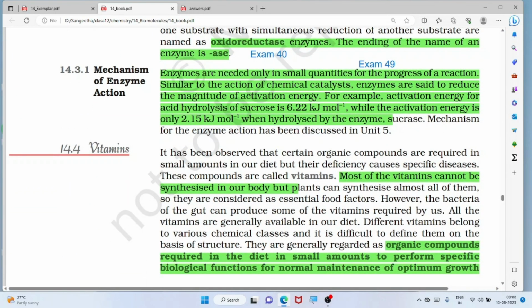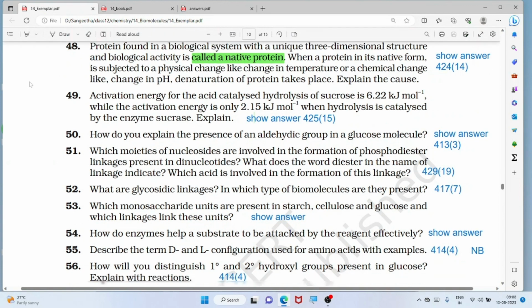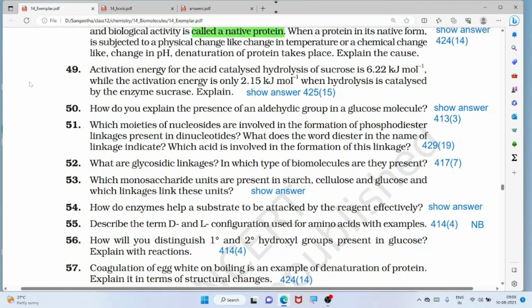Okay, here it is, so you can go through this. How do you explain the presence of the aldehyde group in the glucose molecule?